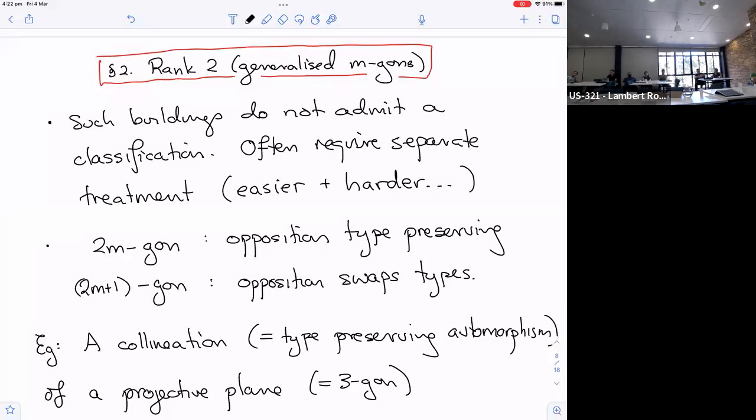But just to note, this is the rank where you don't have a classification of buildings. Rank 3 and above, they're equivalent to groups, more or less, to Lie-style groups, let's say. But in rank 2, they're not. So that makes it easier because it's a small rank, but it's also harder because there's no classification of the objects.